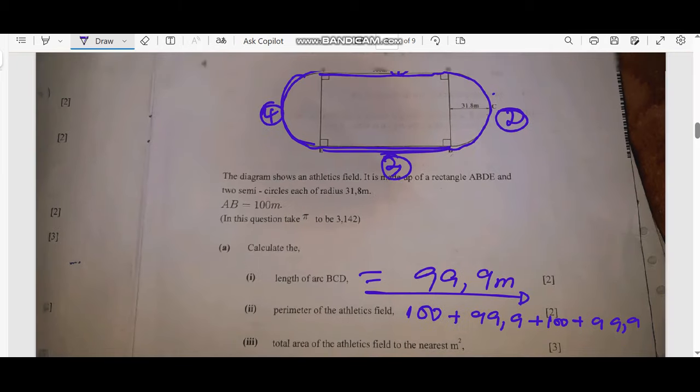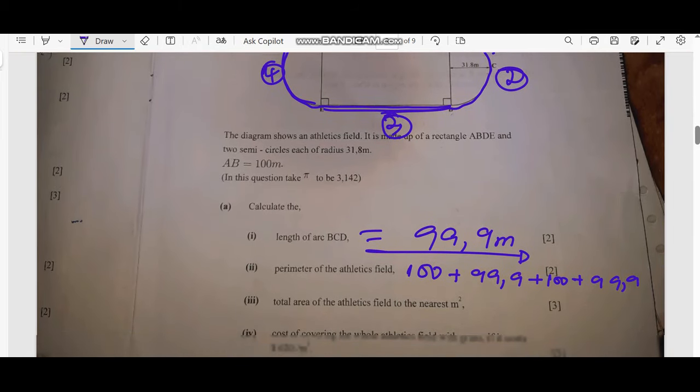We have 100 meters there, plus 99.9 here, plus the opposite side of the rectangle which is equal, so 100 again, plus the other semicircle arc, 99.9, because the perimeter is the distance right around the shape.